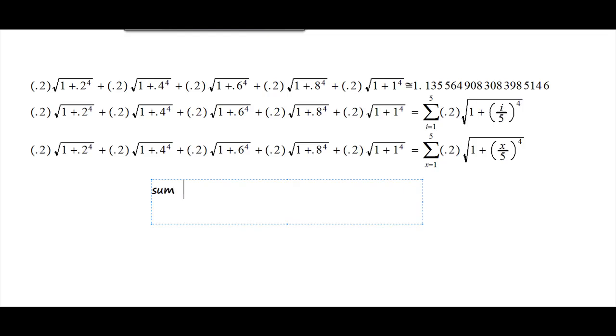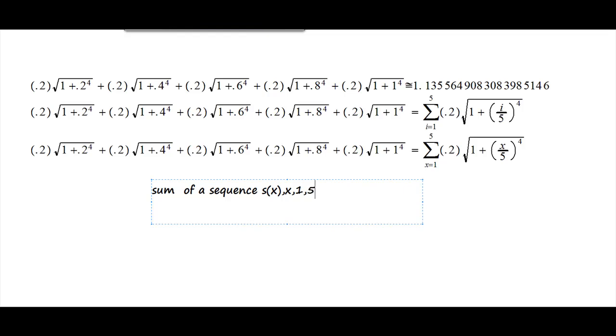So we are obtaining the sum of a sequence that is defined in terms of x, a function of x, and of course we are going for only finite values of x. In this case we are going from 1 to 5.